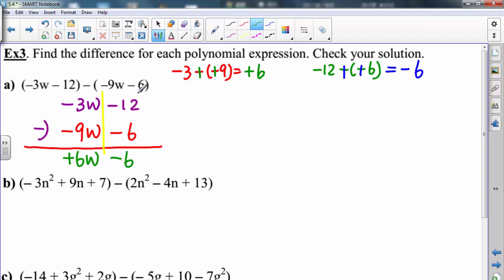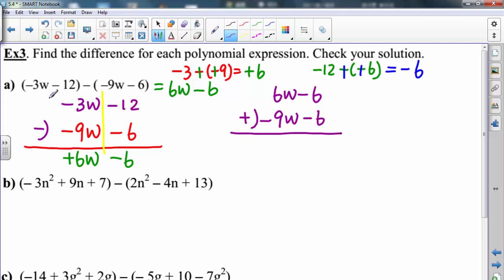So the difference for these two polynomials is positive 6w minus 6. I can ignore the positive sign. It's just 6w minus 6. Let's check my solution here. If I want to check this solution, I add this difference to my second polynomial and look at if I can get to the first polynomial.